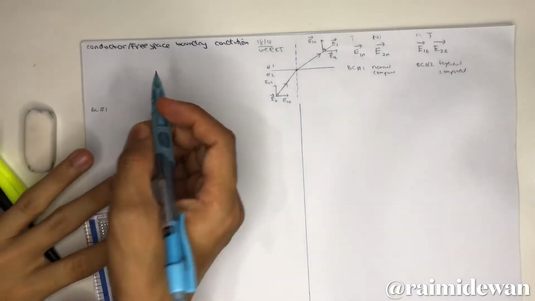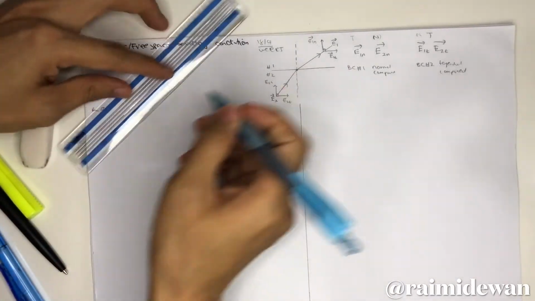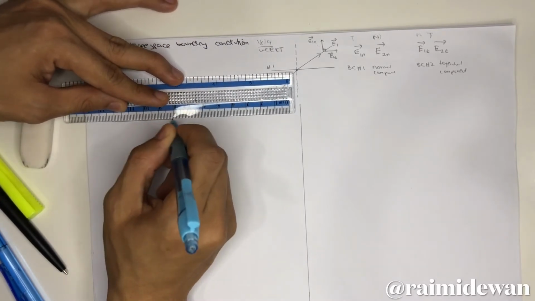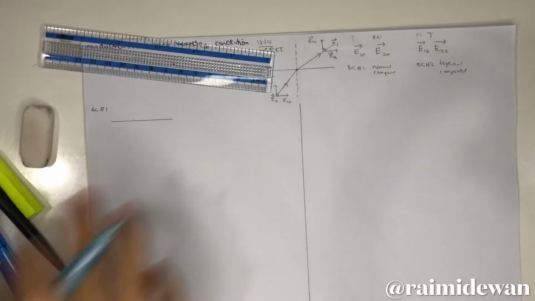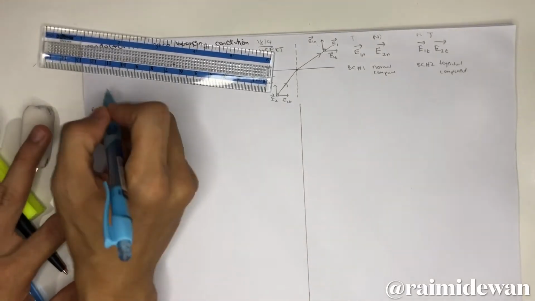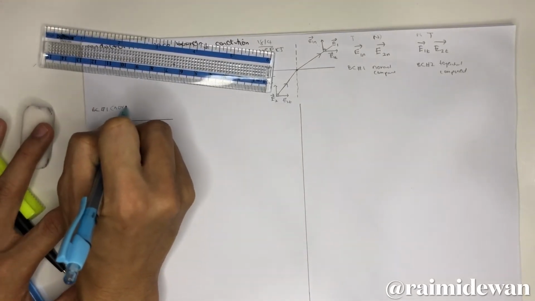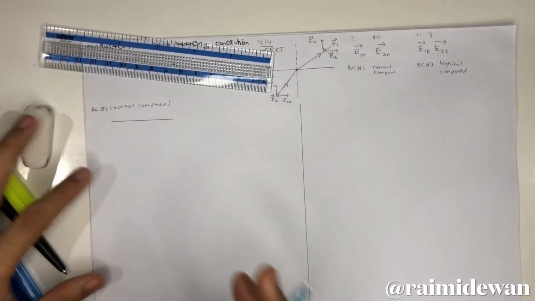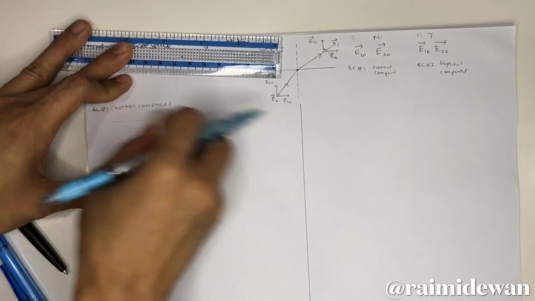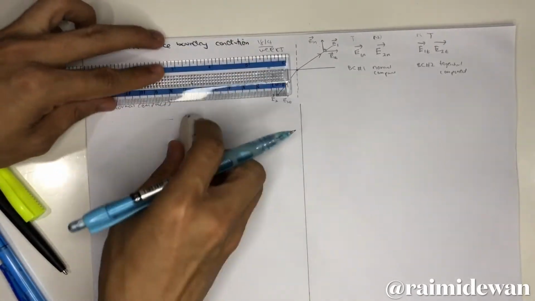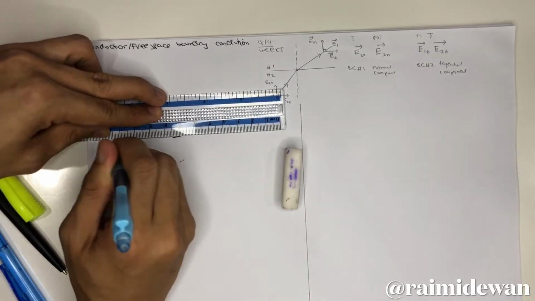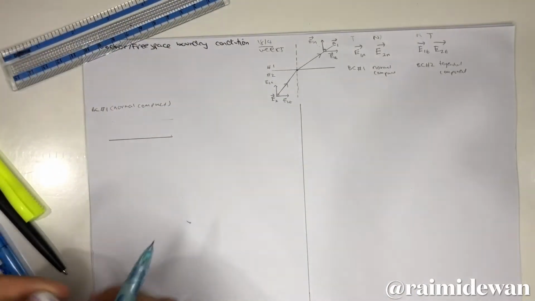Let's say we have the same thing, we just copy the boundary. In this condition, we only focus on the normal component. If there is a tangential component, we try to ignore it, or we make an assumption in such a way that the tangential component will be ignored.